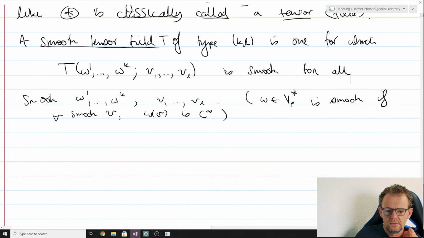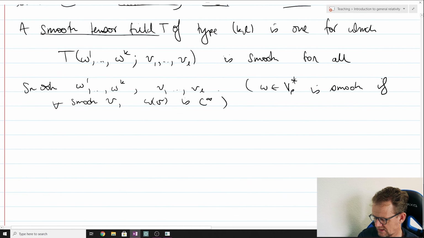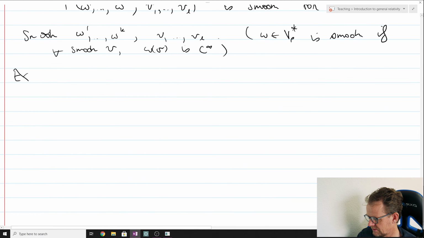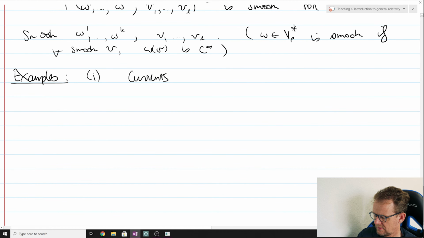Now we're going to exploit the formalism to label various quantities that you've probably seen before. So the rest of this lecture is now going to be concerned with examples. It's going to be very helpful to take all these quantities that you are very familiar with and start reinterpreting them as tensor fields or vector fields on manifolds.